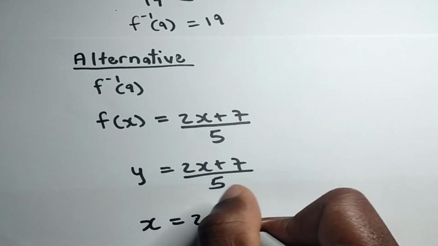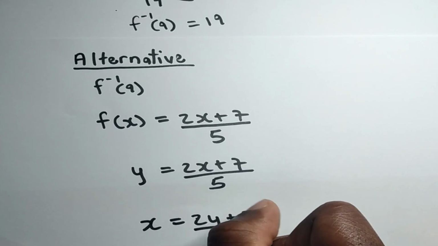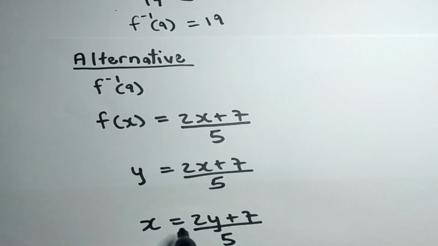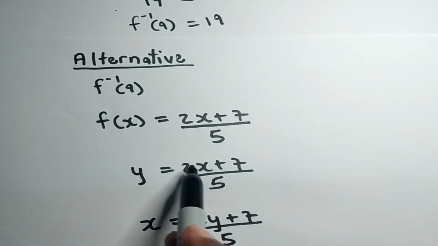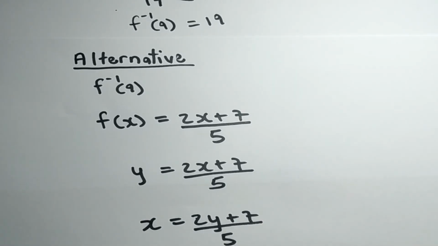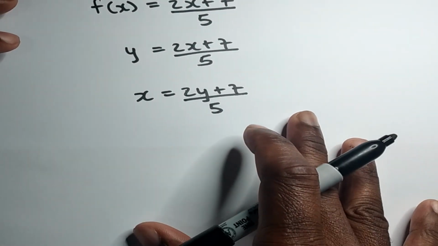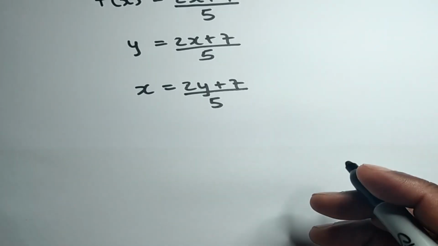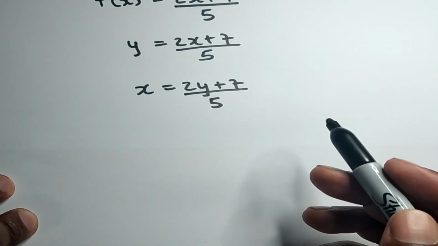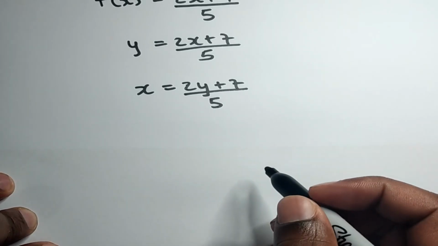Now I'm going to replace the x with y. So 7 over 5. So all I did there was to interchange x and y. Now what I'm going to do is to make y the subject of this equation. And once I make y the subject, then that would actually give me the inverse of this function.